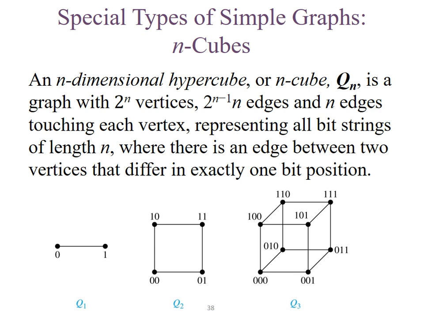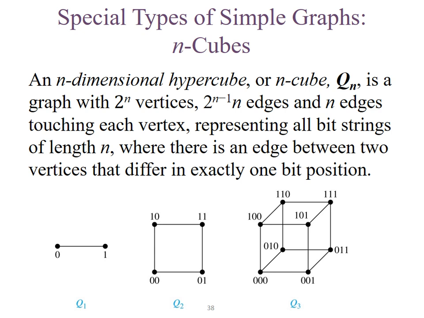There is one thing very special: we can use the hypercube graph to represent all the strings of length n, because when we have an edge connecting two vertices, they have one bit in a position that is different.